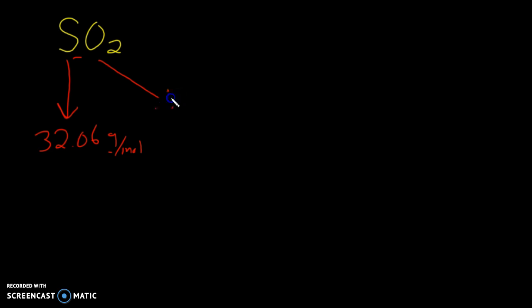So, I'm going to change the color of this arrow real quick. So now we're going to go ahead and try and find oxygen. And if you look on the periodic table, oxygen has a molar mass of about 16 grams per mole.